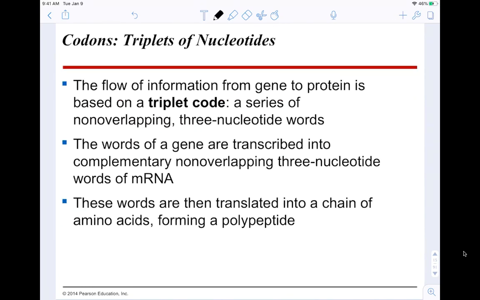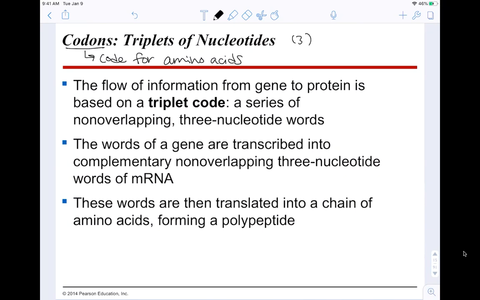Okay, so codons. Do you see this word codon? Okay, codon. It's the code for amino acids. Okay, it's a triplet of nucleotides. What does that mean? A triplet of nucleotides. 3, right? 3 nucleotides.